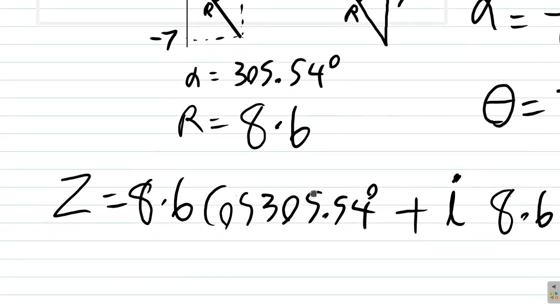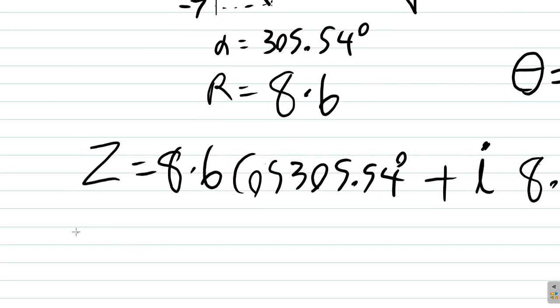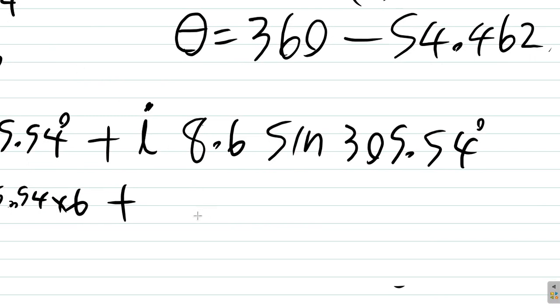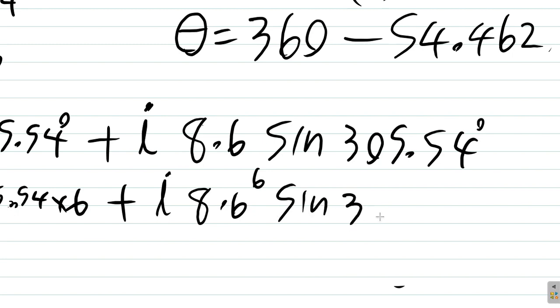Now, that means z to the power of 6 is equal to 8.6 to the 6 cos (305.54 times 6) plus i 8.6 to the power of 6 sine (305.54 times 6).